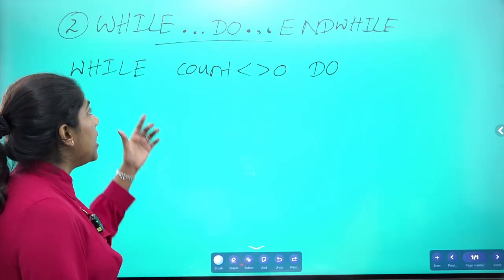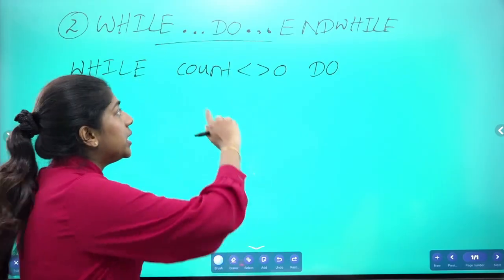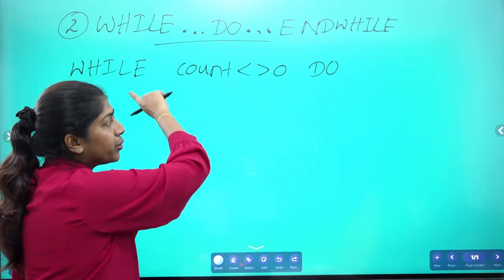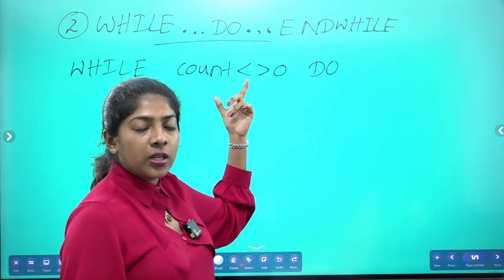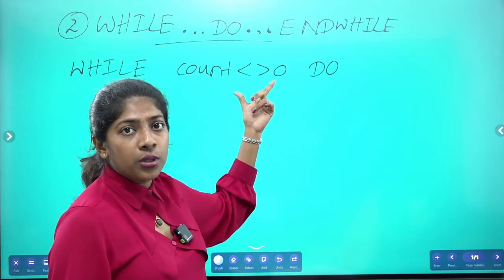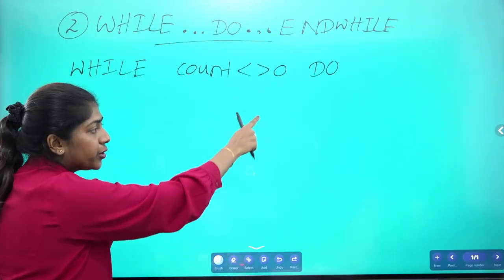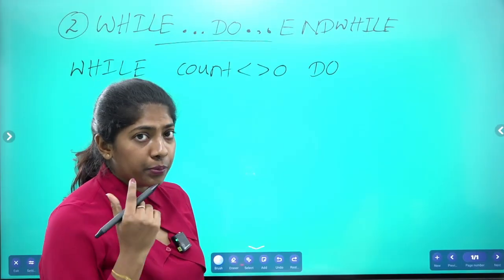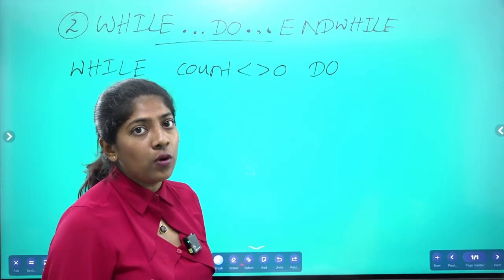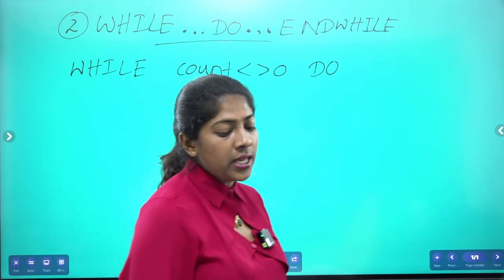It means as long as count is not equal to 0, the program will go inside this loop when this condition is true, and as long as this condition is true, the program will go inside this loop. At the moment it becomes false, then this loop will end. Okay, let's see.